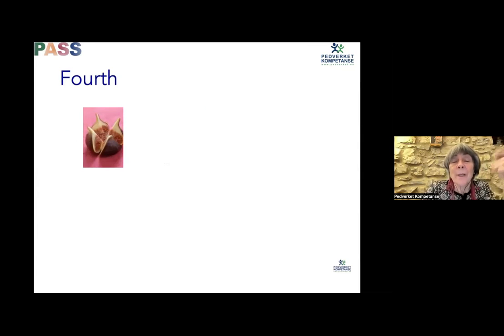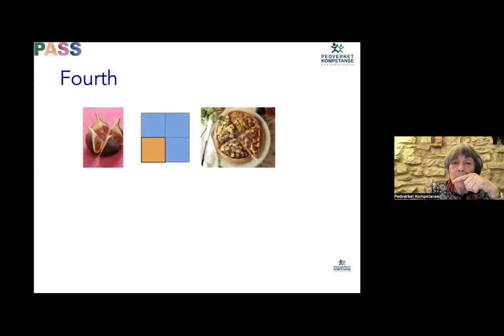So the same with the fourth parts. When we put something in 4 equal parts, we make fourths or 4 parts. And we must try to use the language in ways that are most helpful for the children and their learning.